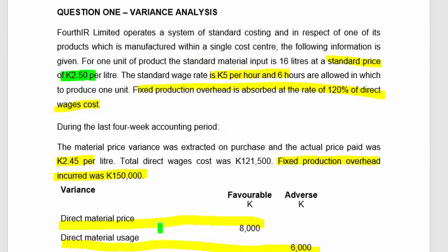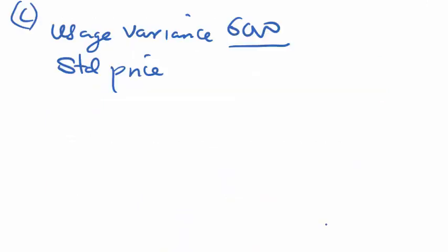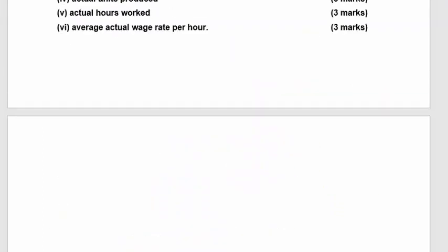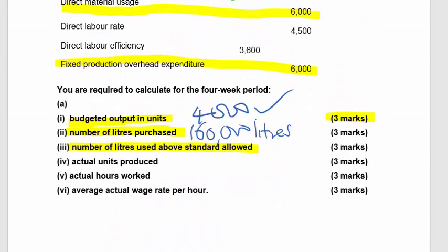If you divide 6,000 by 2.5, you get 2,400 liters, and that's the one that we need here: 2,400 liters.